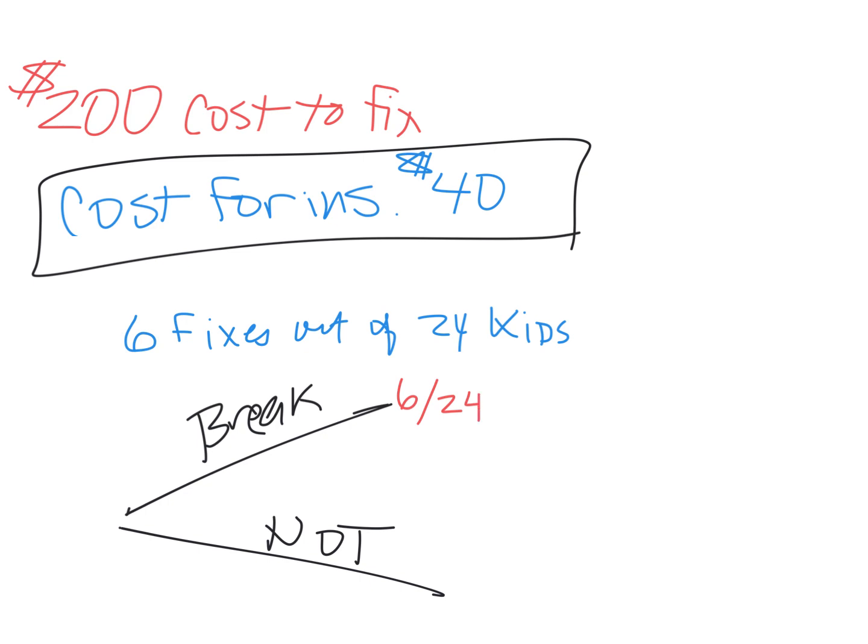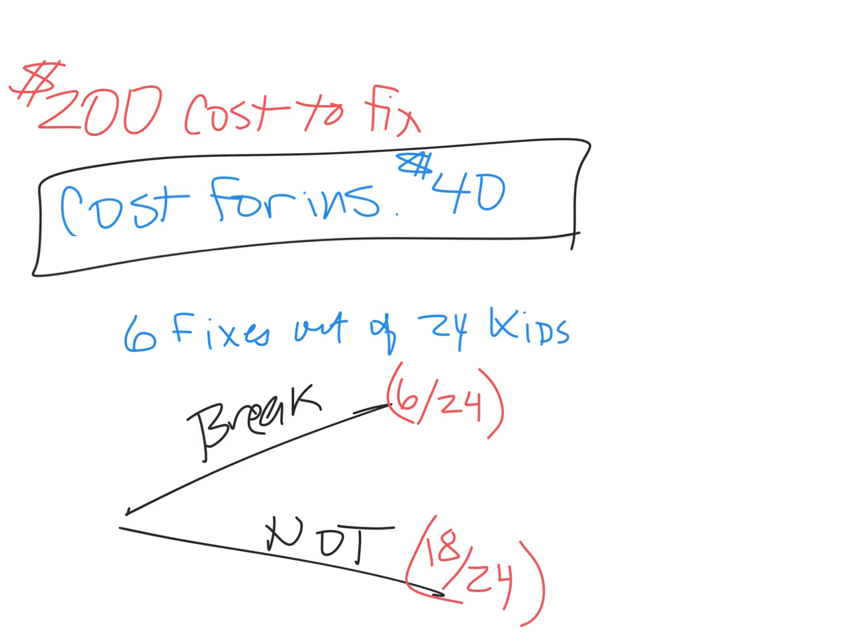Then what's the probability it's not going to break? Let's do it as a number out of 24. There you go, 18 out of 24 chance that it's not going to break. Those are the probabilities.